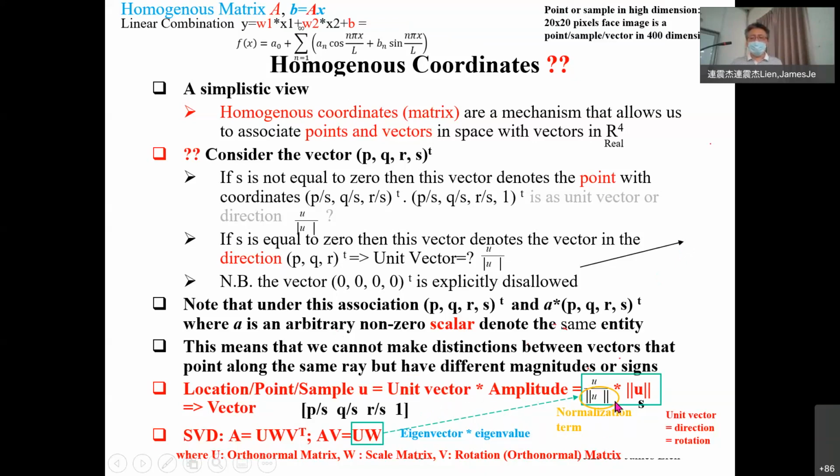那 what's the unit vector? Suppose this is u, right? So u divided by the absolute value, this one is called amplitude, 这个大小，那这个叫 norm. Norm is a distance. 绝对值是属于 norm 的一种。那 norm 是代表什么？Amplitude, what's the amplitude meaning?